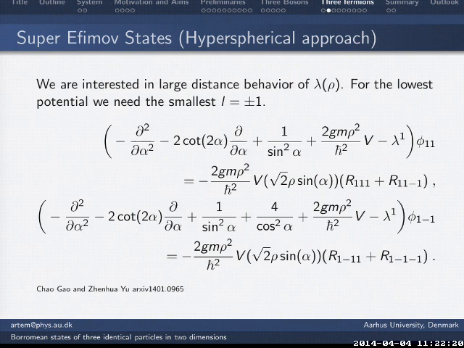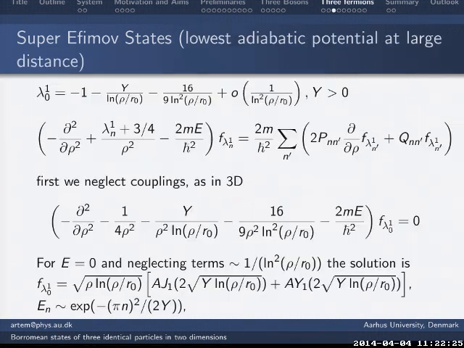So it's nice to have another group working on the same problem, and having a flow of ideas. Okay, so what we get is that the lowest lambda looks like this, and here I write two.